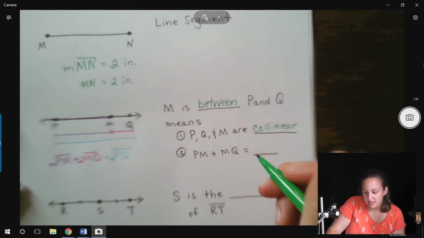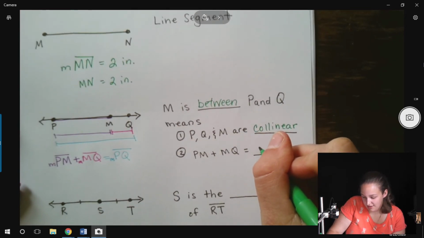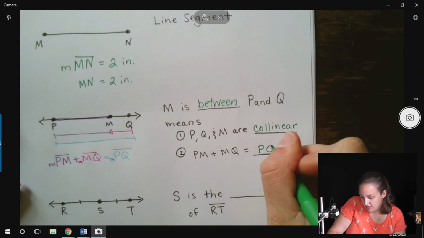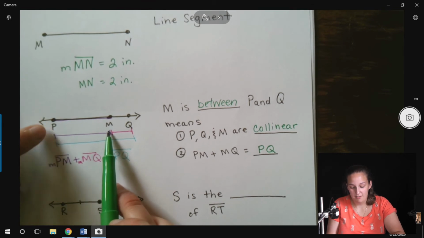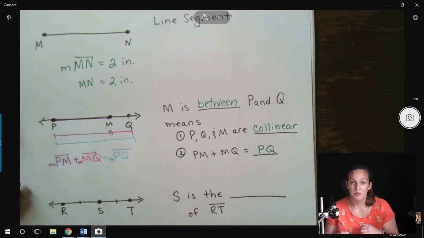Regardless, this means that if you add the two segments together, this segment plus this segment is going to equal that segment.